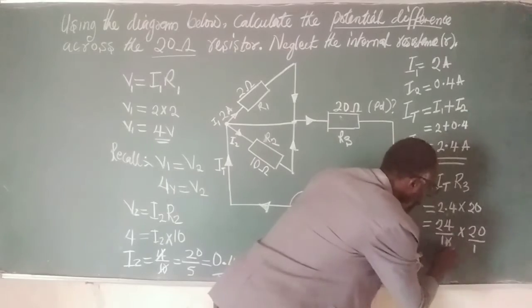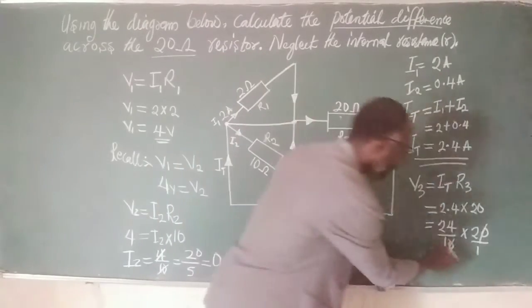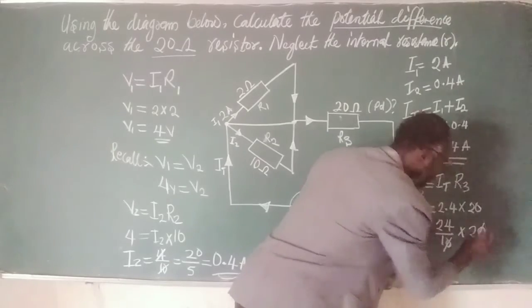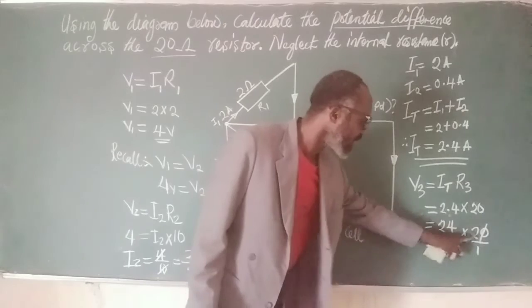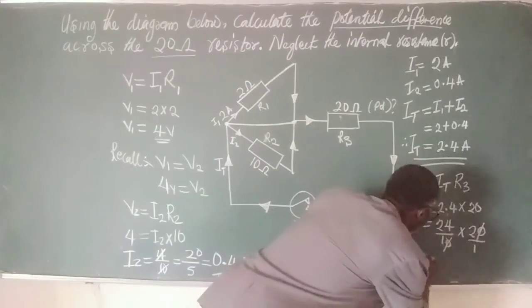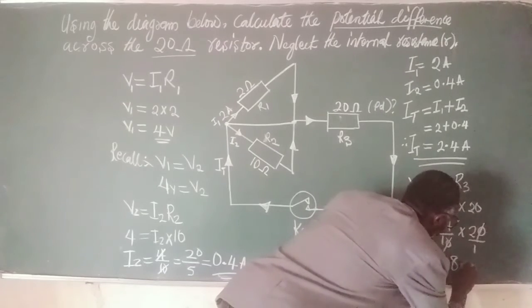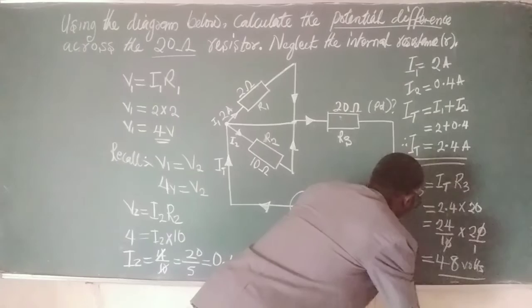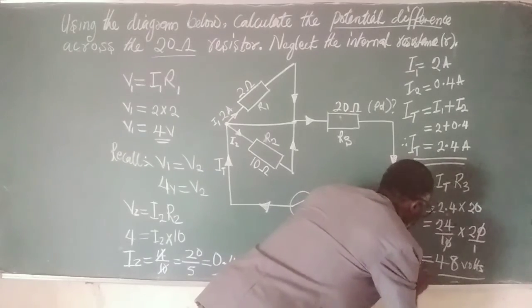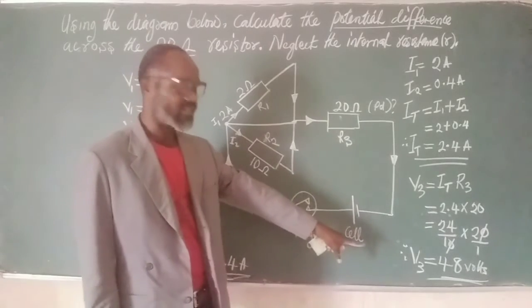So 0 will take care of 0 at this point. This goes, and we are left with 24 and 2. 24 times 2 is going to be 48 volts. It implies that V3 is equal to 48 volts. Solved.